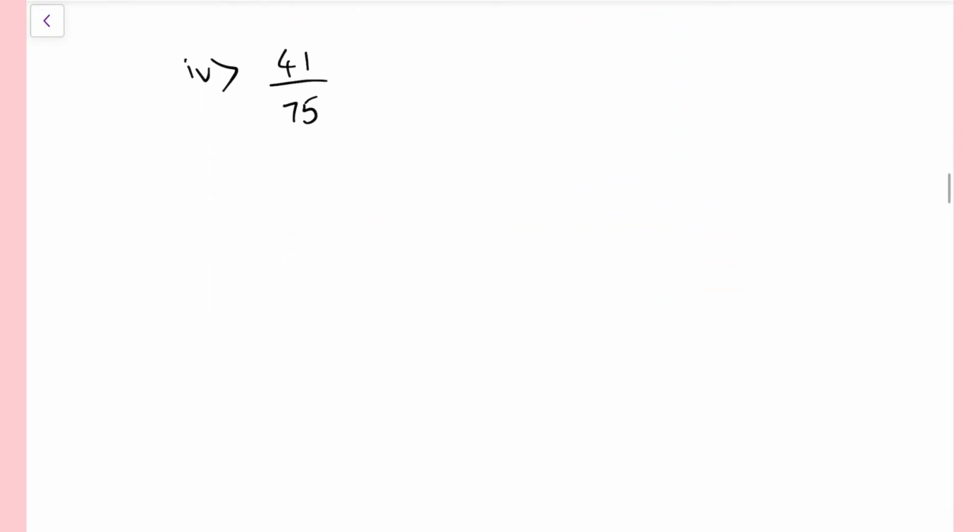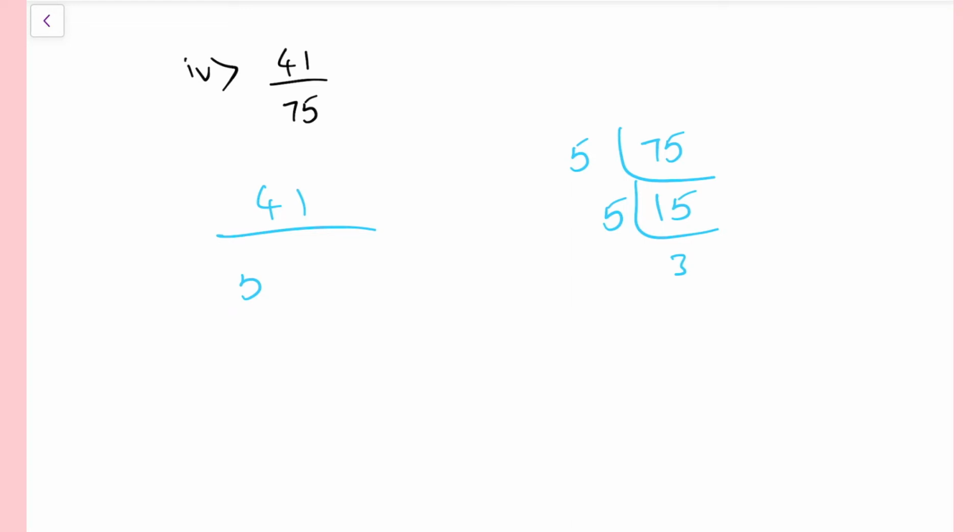Next, 41 divided by 75. Let us do the prime factorization for the denominator 75. 75's last digit is 5, so it will come in 5 table. 5 fifteens are 75, 5 threes are 15. So 75 is 5 square into 3.